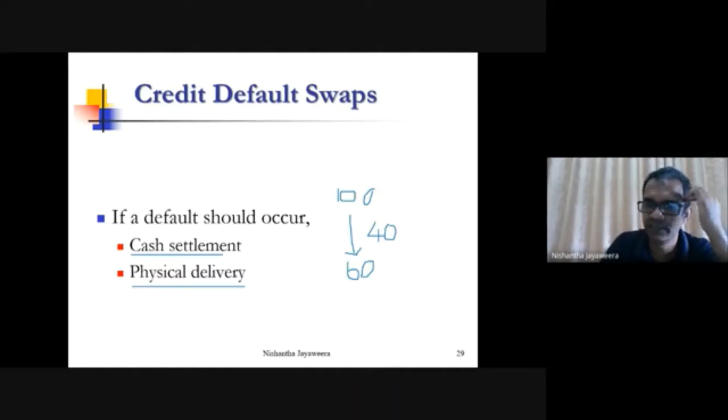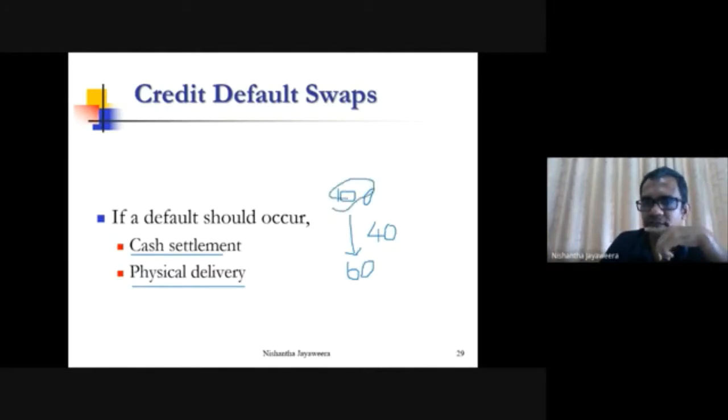Or with physical delivery, the CDS seller will pay the whole amount of 100. In that instance, the protection buyer has to deliver the underlying asset, in this instance the bond, to the CDS seller. So the CDS seller will take that asset.